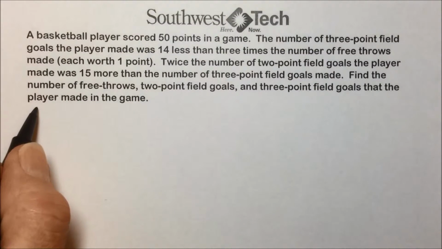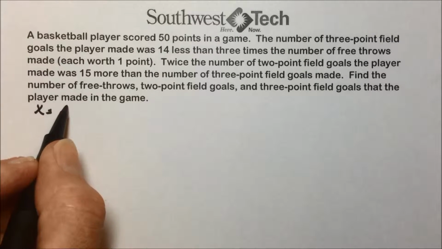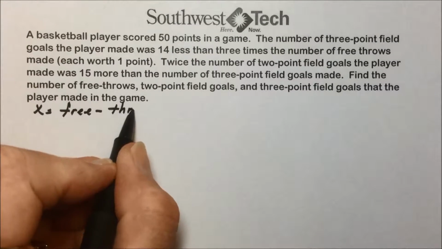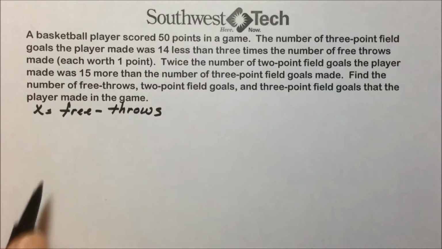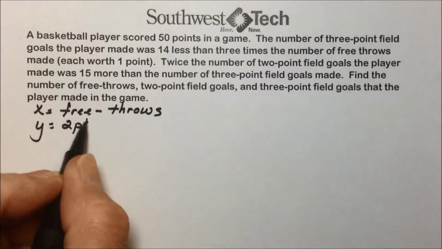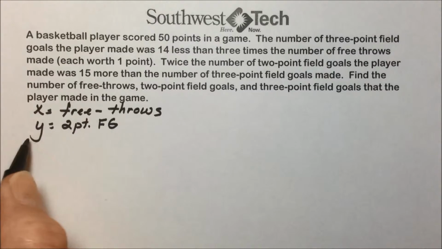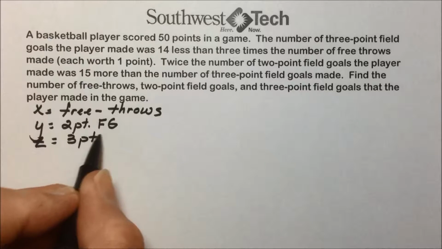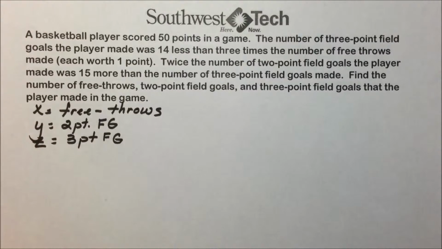We're looking for the number of free throws. I'll let that represent X. Y will be the number of 2-point field goals, and Z will represent the number of 3-point field goals. And let's go through the problem and see if we can come up with the 3 equations necessary to solve for our 3 unknowns.